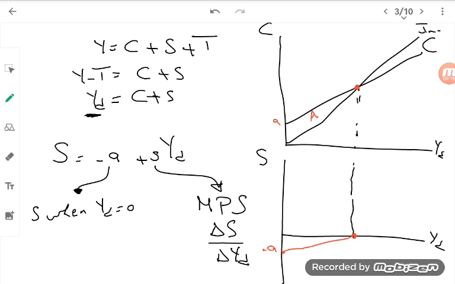After this point, income will be greater than consumption, so there is positive savings. This is negative savings, positive savings. And this is Y equals C, or the break-even point, and here S equals 0.